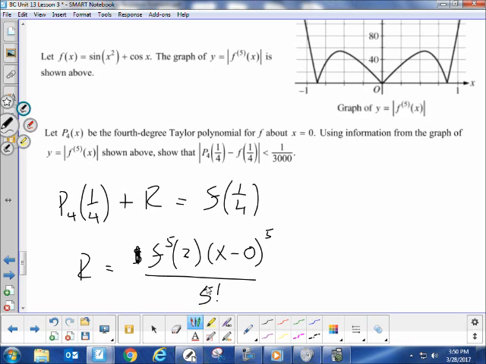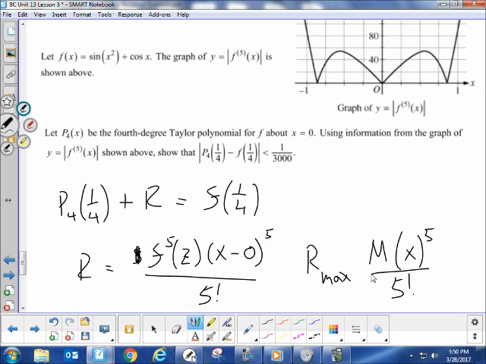Well, the maximum that the remainder could be is the maximum value of this fifth derivative at some value times x to the fifth over 5 factorial.